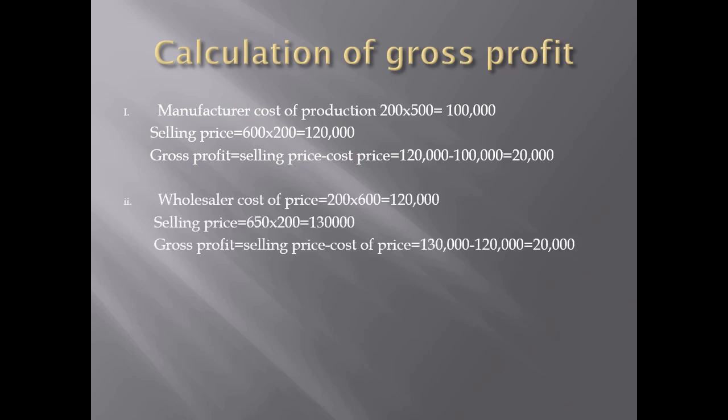Number 2, the wholesaler's cost price. The units times the cost price is equal to 120,000 naira. Remember, the wholesaler bought it from the manufacturer at the cost of 600 naira. That's why we're getting 200 times 600. Then the selling price is 650 naira. So we're going to say selling price, which is 650 times 200, and that will give us 130,000 naira.